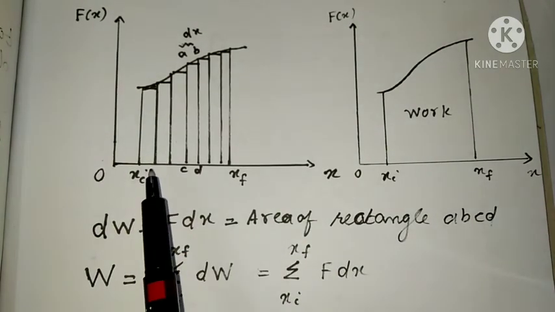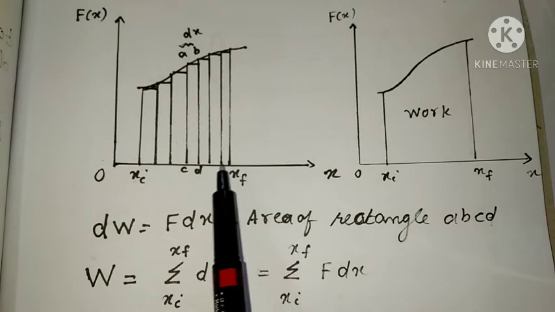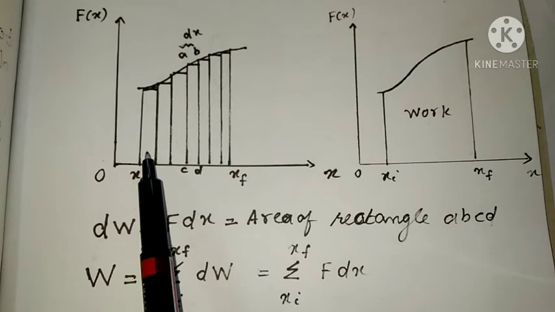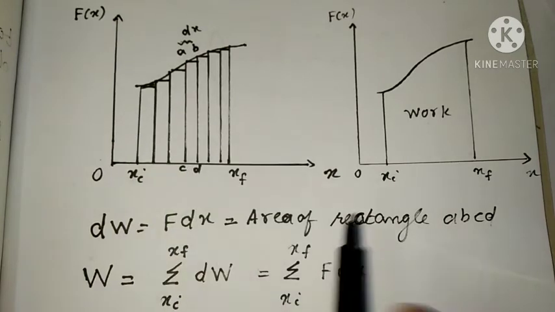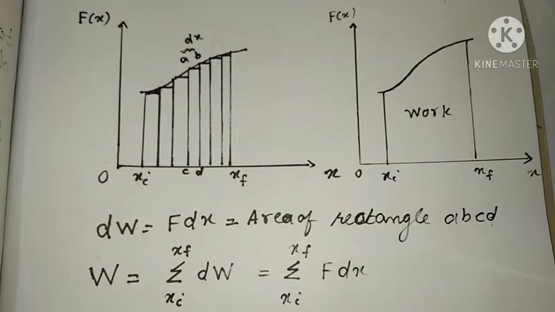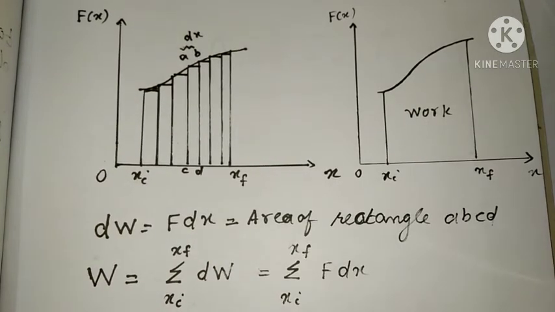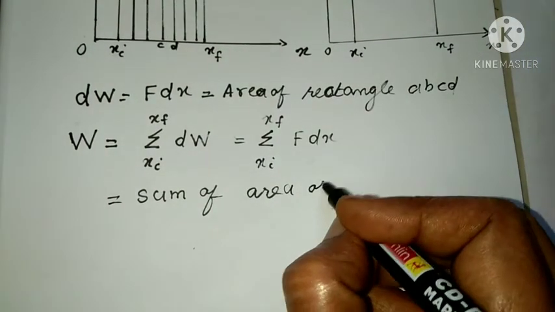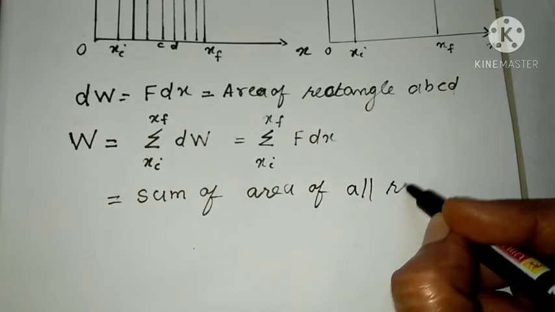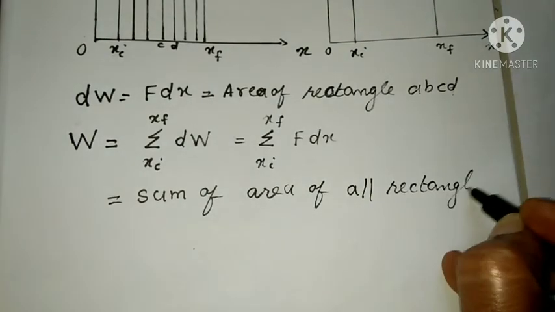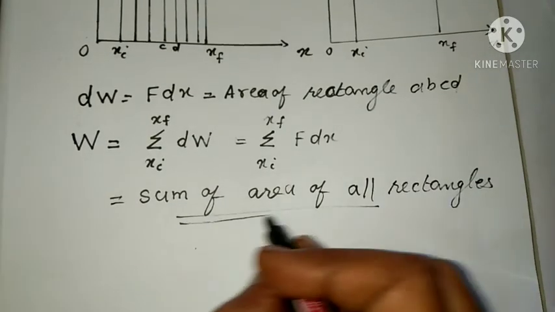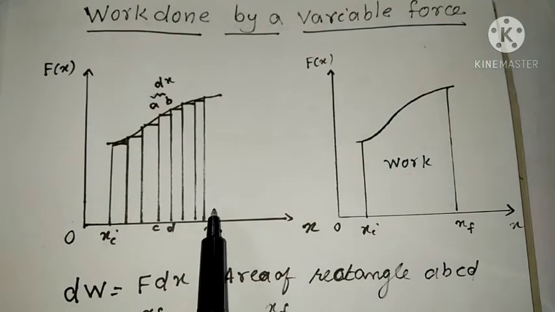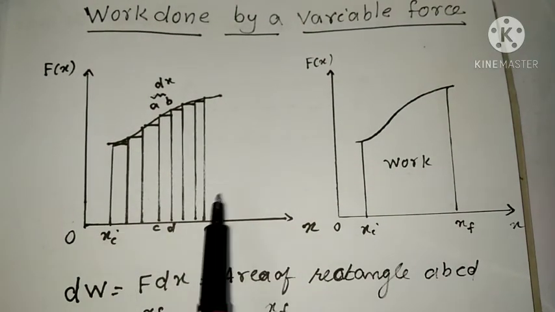So the summation of all dw equals the sum of the areas of all the rectangles. Small work done dw equals the area of one rectangle, then total work done equals the sum of the areas of all rectangles.